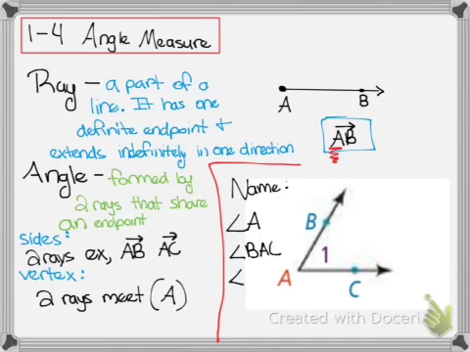We could also call this angle CAB. When you are naming with 3 points, the vertex of that angle, the point of that angle, has to be in the middle. Has to. I could not call this angle ABC. A is not in the middle. The vertex is not in the middle. It will not work. Okay? And then I can also use a number. So angle 1 will also work.